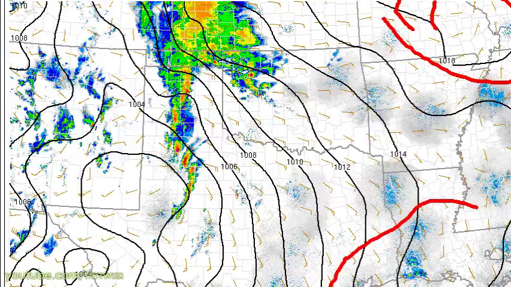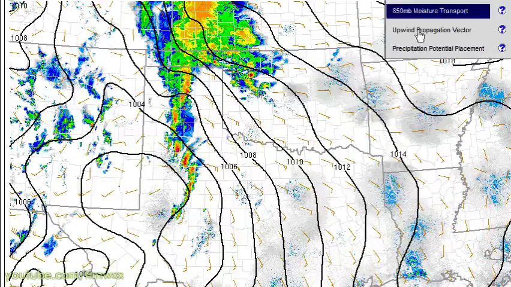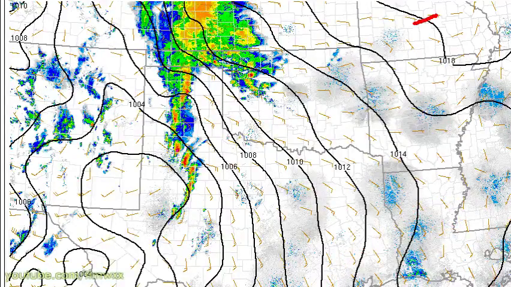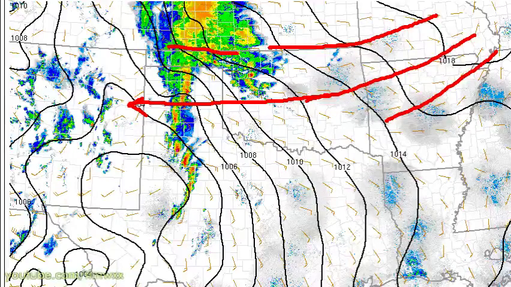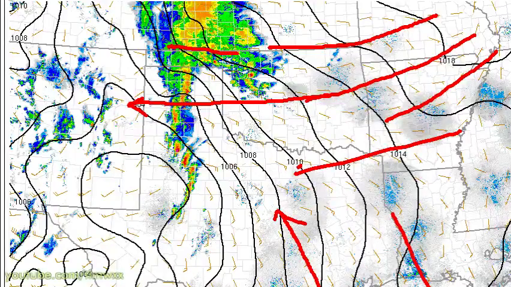It's not coming out of the Gulf of Mexico like we often see in the springtime. So there's a component of flow coming from the north, from the Ohio River Valley area. This is helping to infuse some cooler temperatures towards this low pressure area in New Mexico. And then we do see southerly flow coming off the Gulf of Mexico.